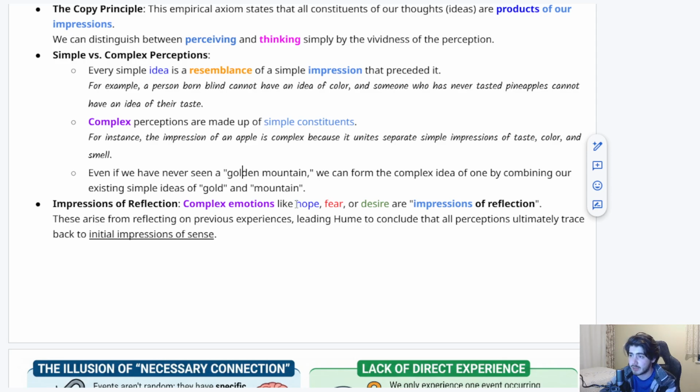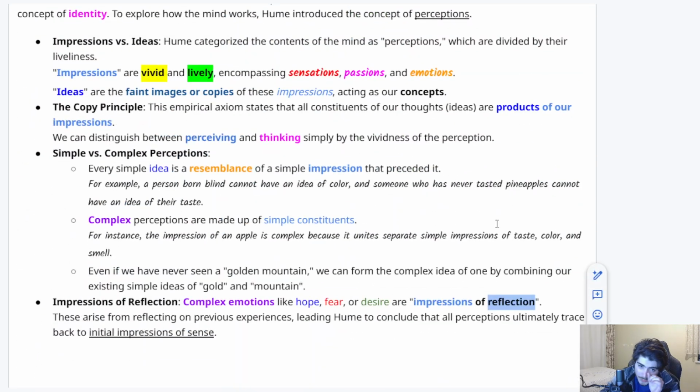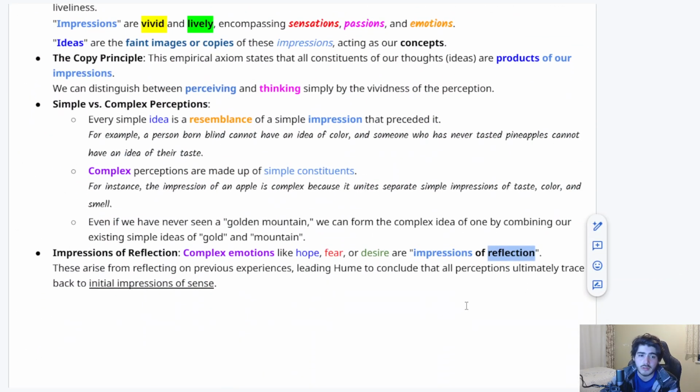Complex emotions like hope, fear, desire are impressions of reflection. These arise from reflecting on previous experiences, leading Hume to conclude that all perceptions ultimately trace back to initial impressions of sense. As we talked about previously, reflection is being aware that you're thinking, engaging in cognitive activities. These are reflections.